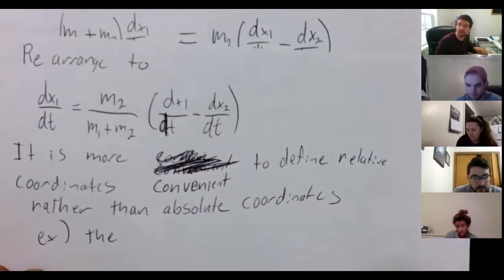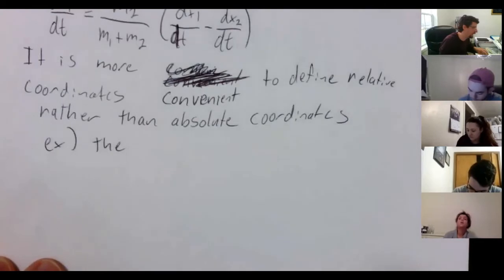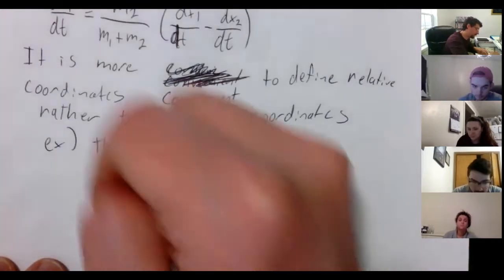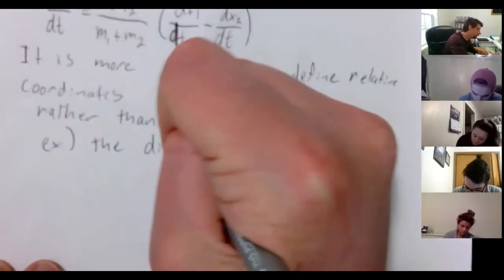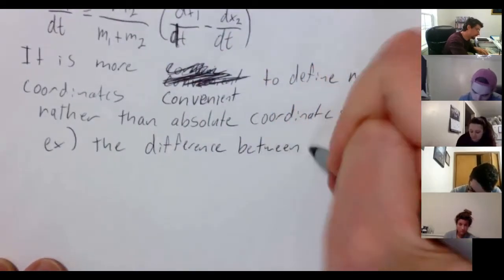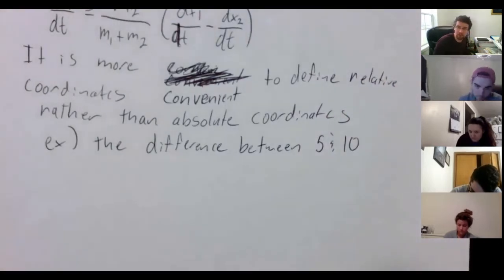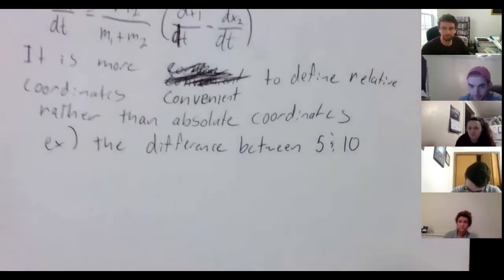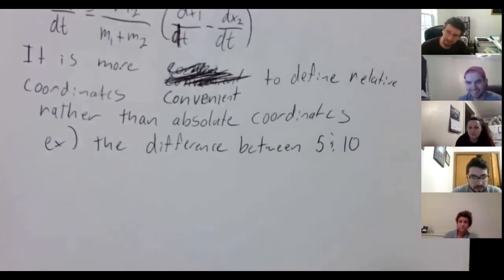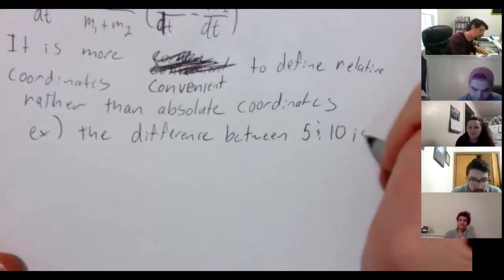What we mean by absolute versus relative is, let's say we're looking at two numbers. The difference between 5 and 10. If we subtract those two values, what are we going to get? Negative 5. I don't know which way you're doing it. Let's do 10 minus 5. So we get 5.